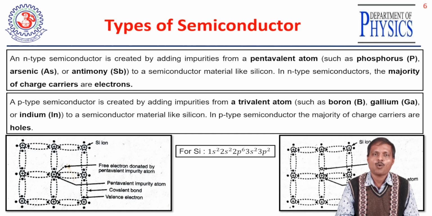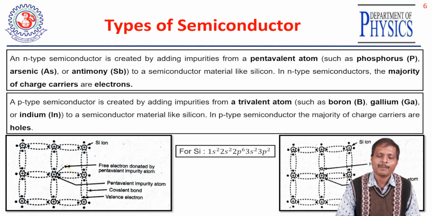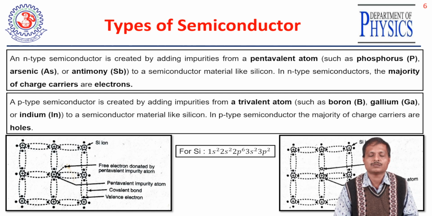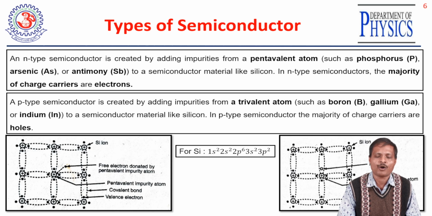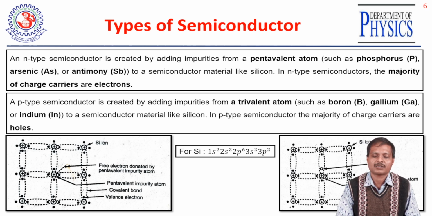Whenever you add a pentavalent impurity atom, out of its 5 electrons, 4 will form covalent bonds with the electrons of Si. But the other one cannot. As a result, this pentavalent impurity atom gives you one free electron. That's why its conductivity will increase a lot.